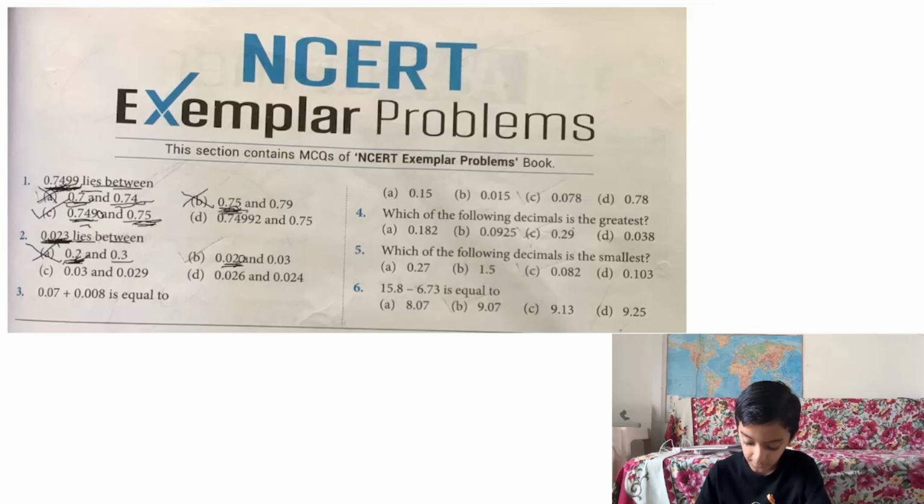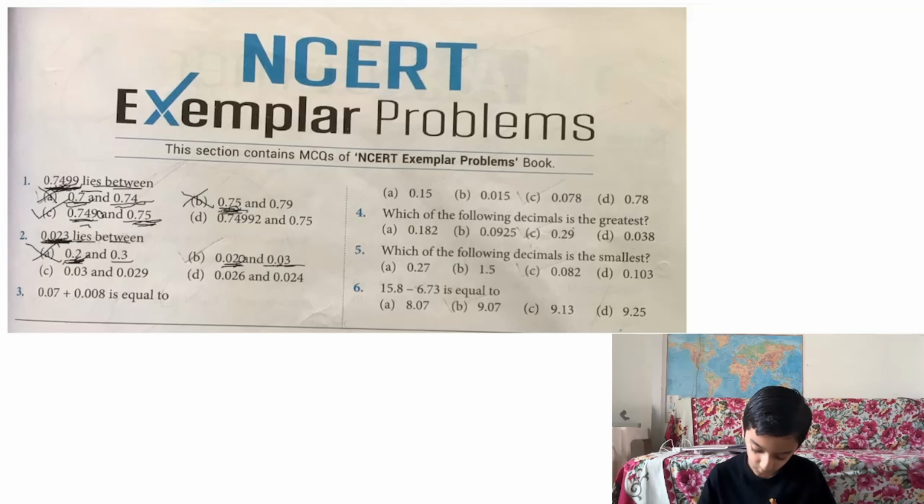Now it should be smaller than 0.03. Let's check every number, the fractional part or whole part. The whole part is 0, same. The tenths part is the same, 0. Here the hundredths part is 3 and here it is 2.